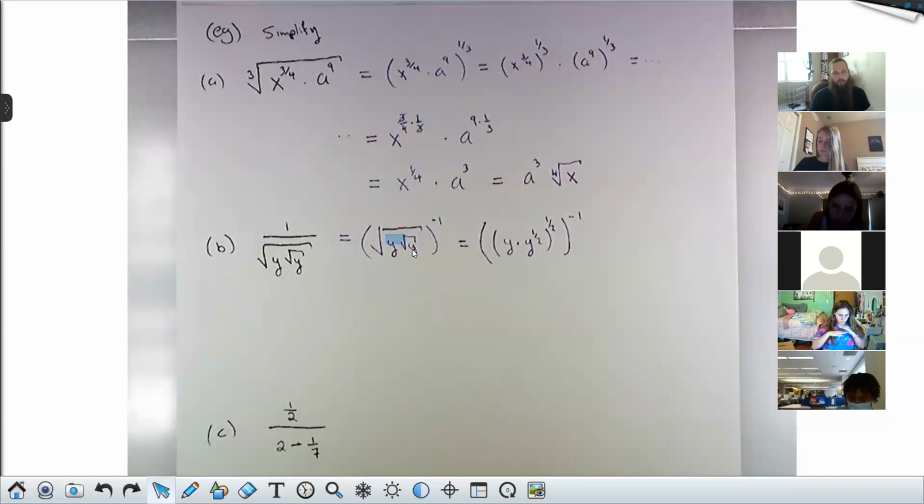So the y times square root y, this piece right here, is this piece right here. y times y to the 1/2. And since that was all under a square root, that is all being raised to the 1/2 power here.